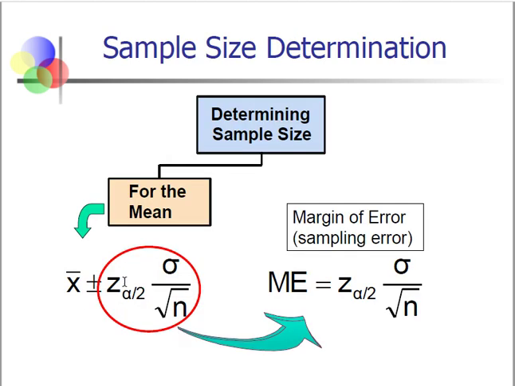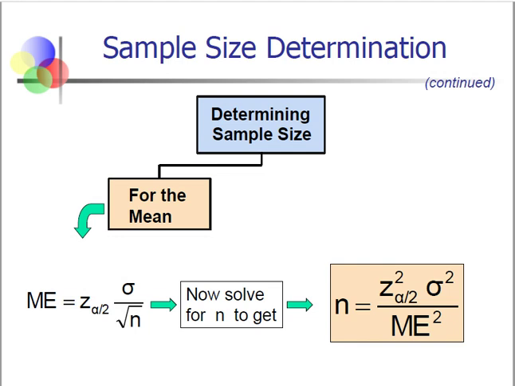In this case, this is for the first case when the population standard deviation was known. So this is the formula for the construction of a confidence interval. But what we note here is that what is circled is just the margin of error.